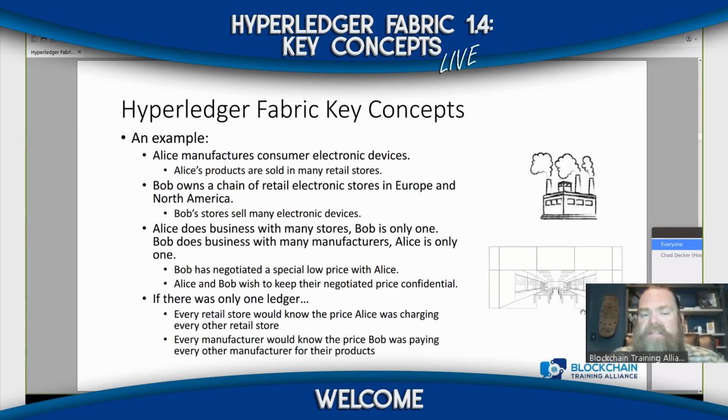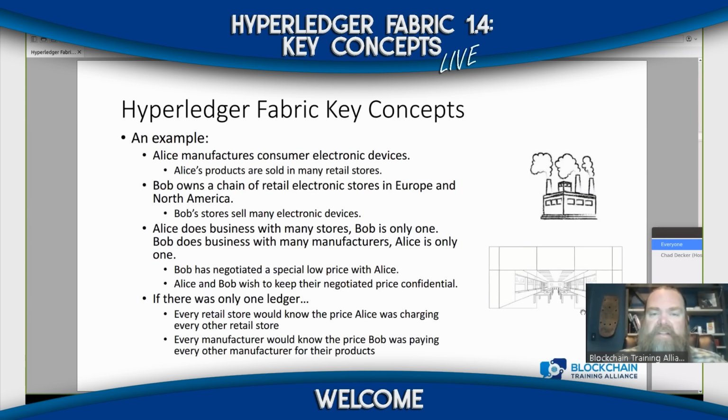Now, in this kind of scenario, think about what would happen if we were capturing this data and we only had one single ledger available. There was only one place we could put it. That means that the price that Alice and Bob have negotiated between the two of them would be public knowledge. And that means that every other retail store that Alice does business with would see the special low price that Bob is getting.